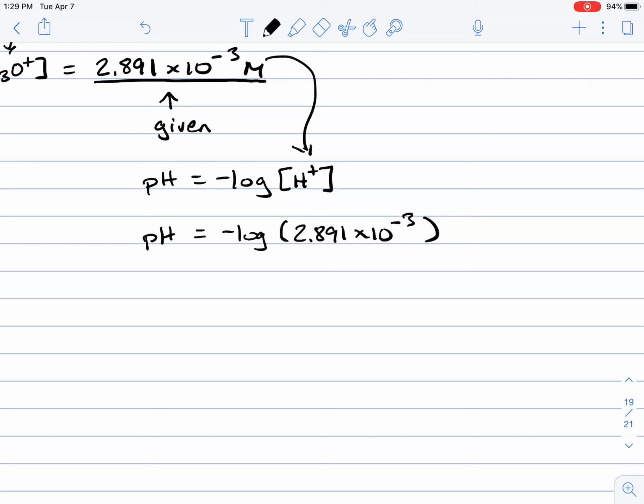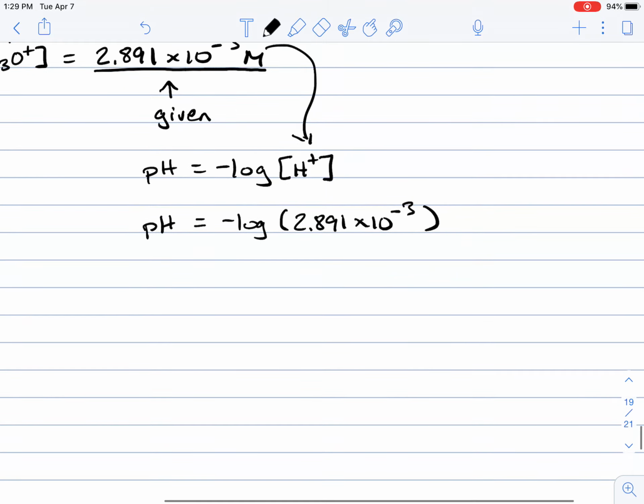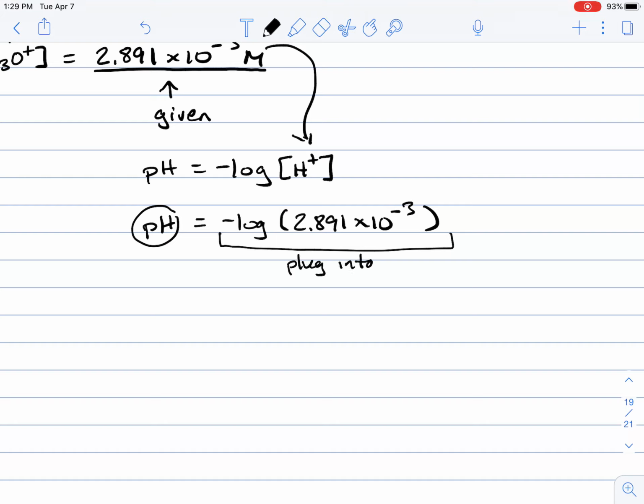Okay. And so when you are plugging just this part into your calculator to solve for the pH, it really depends on the type of calculator that you have. I have a Casio, and with my Casio, I can just plug everything in as I see it from left to right.